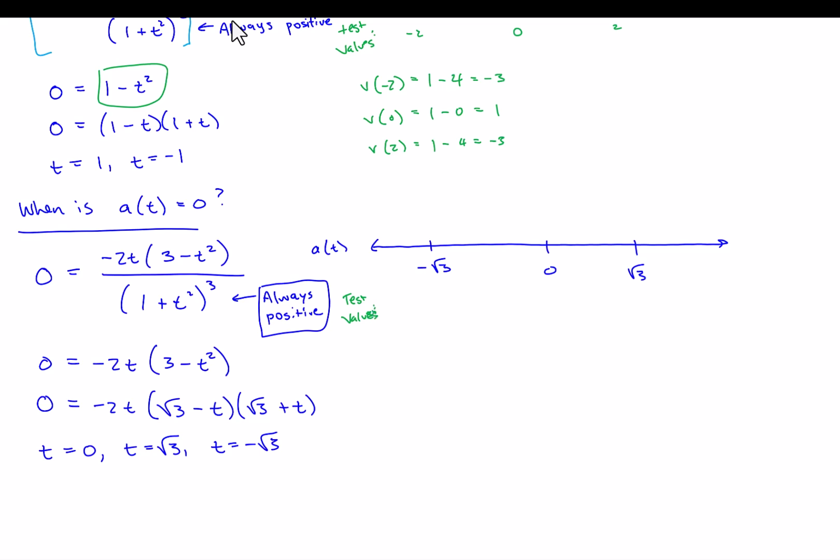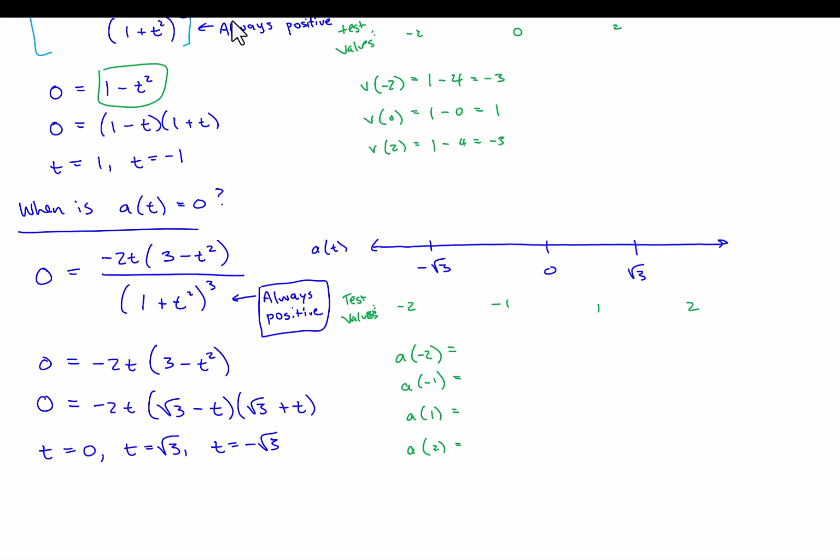So root 3 is like 1.7, so I could use, say, -2, then I could use -1 on this interval, 1, and possibly 2. So I need to find the acceleration at -2, at -1, at 1, and at 2. And I only need to use this function enough to determine if the answer is positive or negative. I don't actually need the end value.